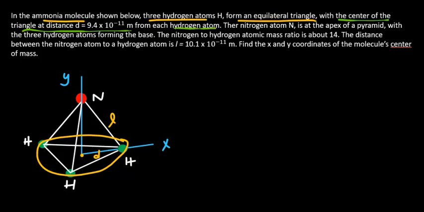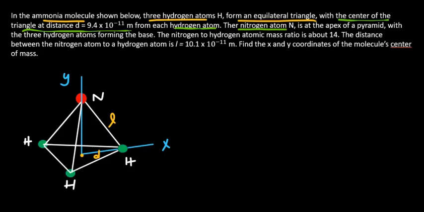So the center of that triangle is right there, represented by a dot. And as you can see, d is the distance from that center to the hydrogen atom, and the same distance goes to the other hydrogen atoms, d and d respectively.